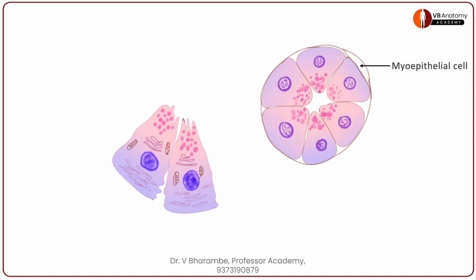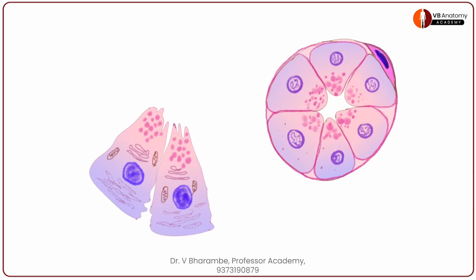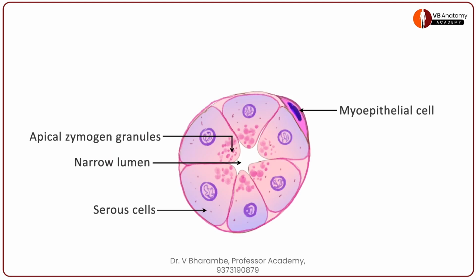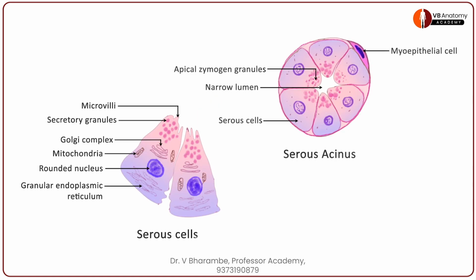This space is for a special cell called the myoepithelial cell. Draw its flattened nucleus, stain the cell. Remember, this cell squeezes the serous acinus, helping it to release its secretions into the ducts. This is a serous acinus with a myoepithelial cell.